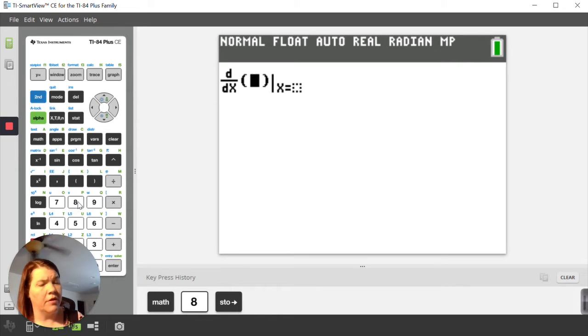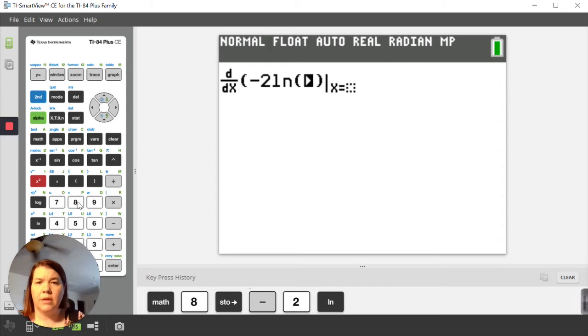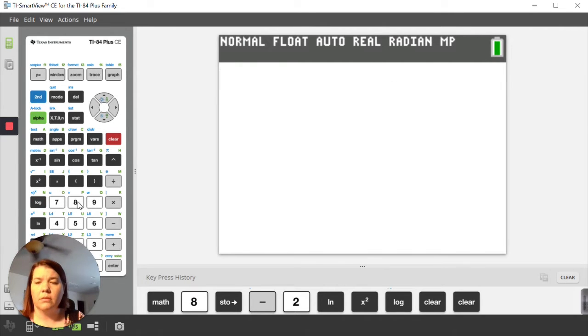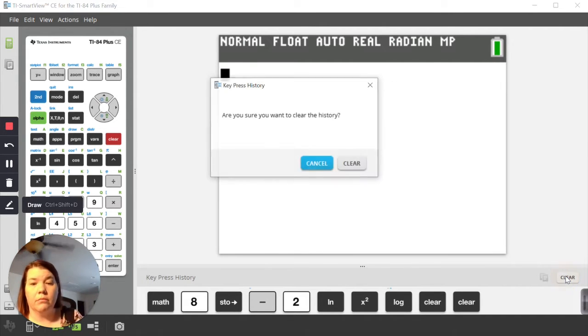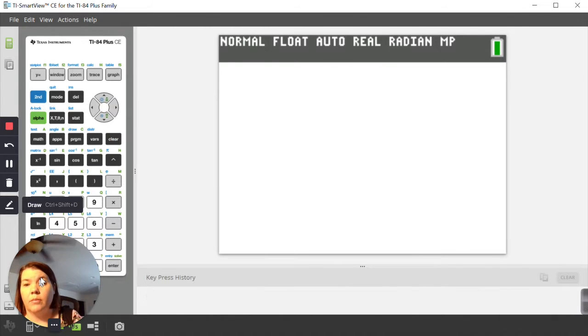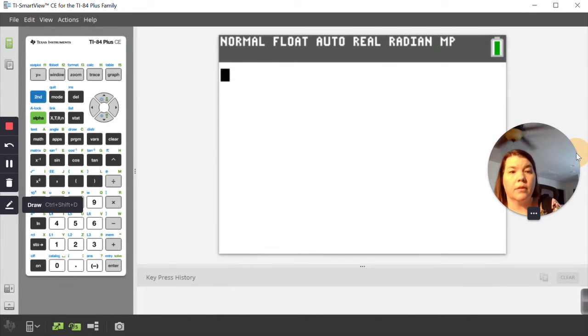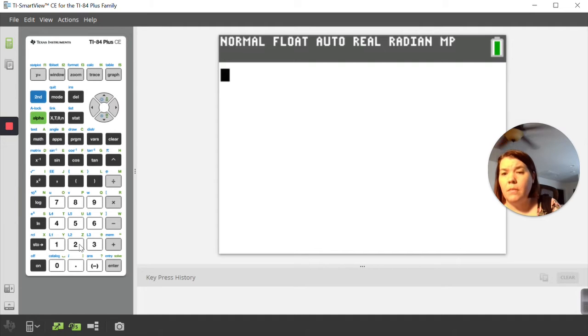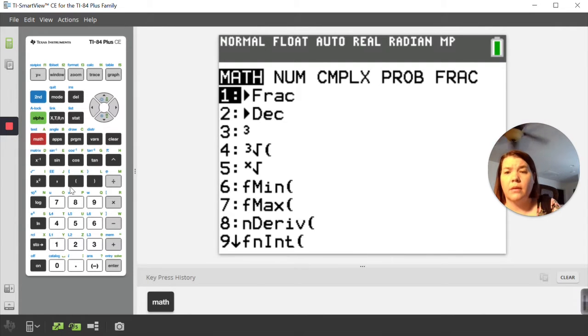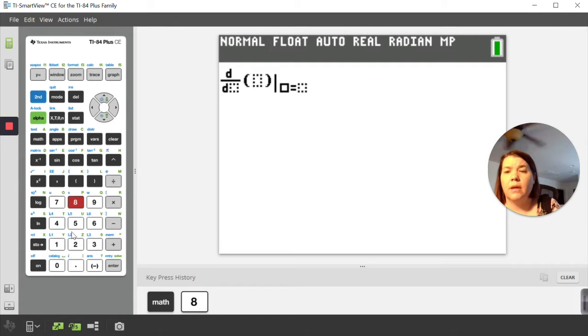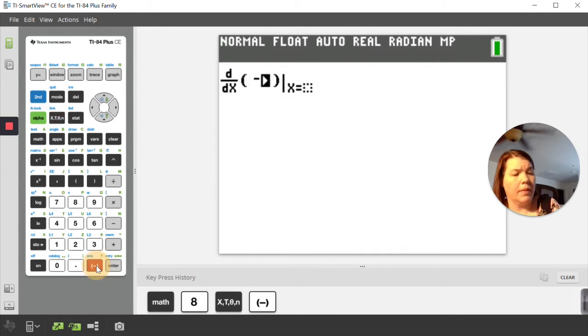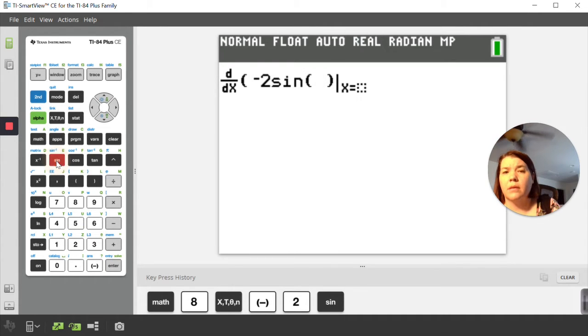I'm going to type in the function negative 2 sine x plus 5.